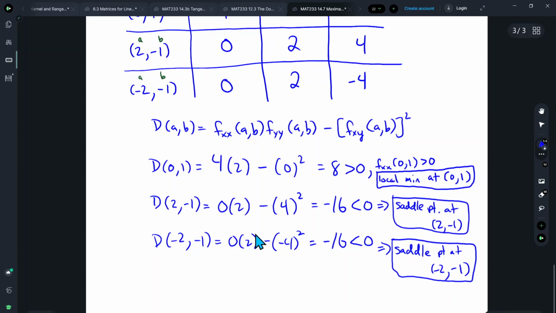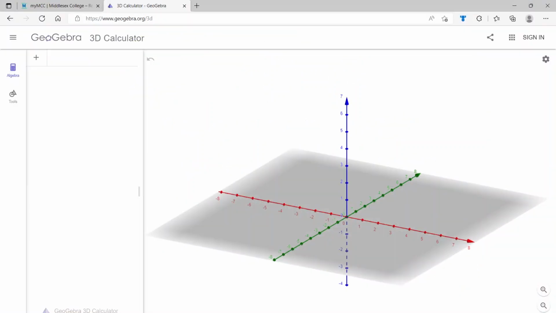So I'm going to go over to this GeoGebra website to use the 3D calculator. First I'm going to enter in my function, f of x, y. So what was the function again?